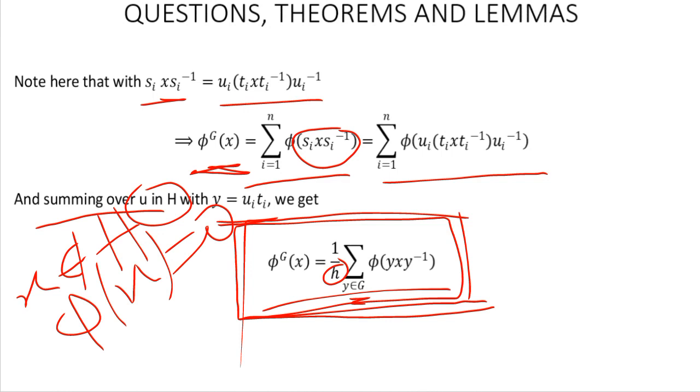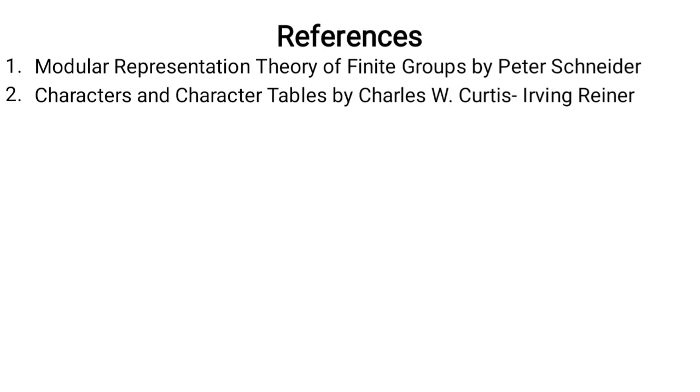So you can write it in this way. That's a new way of writing our character for the induced representation, noting that no matter the transversal you use, it doesn't materially affect the character of the induced representation. So with that, thank you.